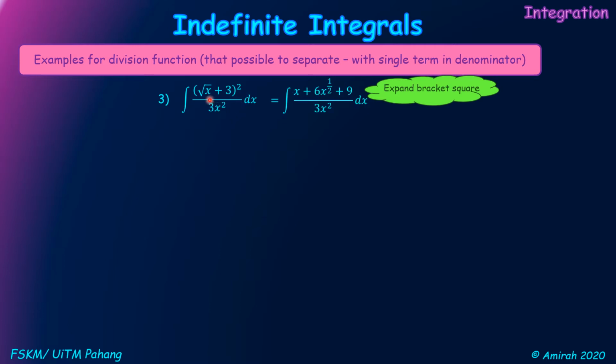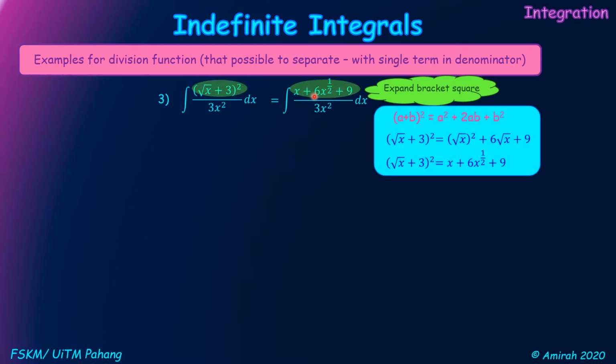After we expand the bracket squared, we get this. We use the formula (a + b)² equals a² + 2ab + b². Now we have (√x + 3)², which means our a equals √x and b equals 3.